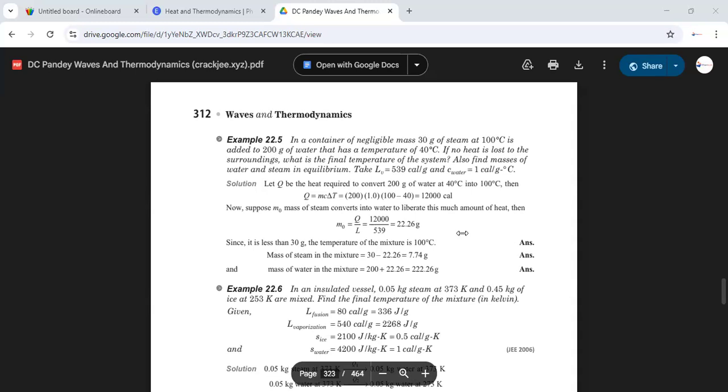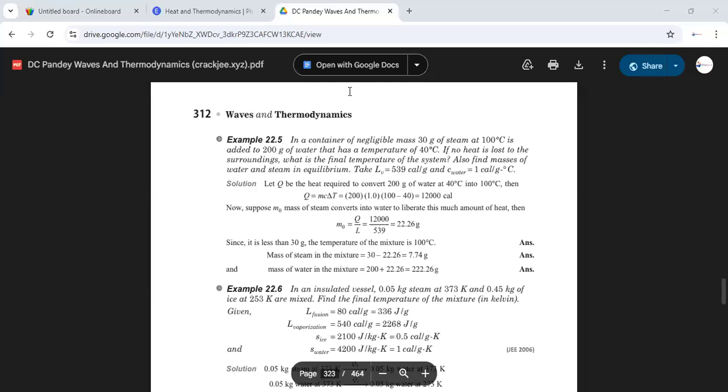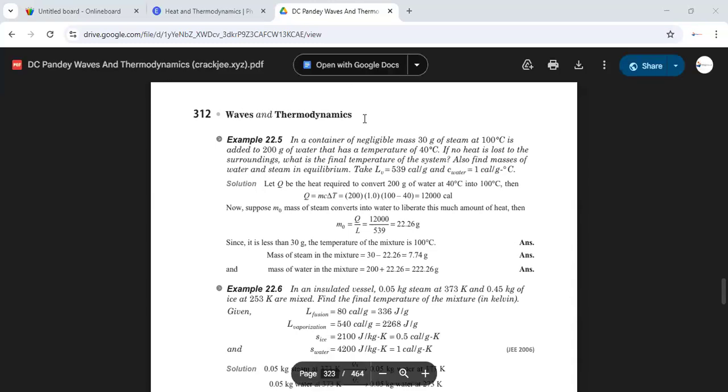Bhavesh, your answer is correct. Gaurangi, final temperature, just check. Ice will first come to 0 degree, then it will melt.